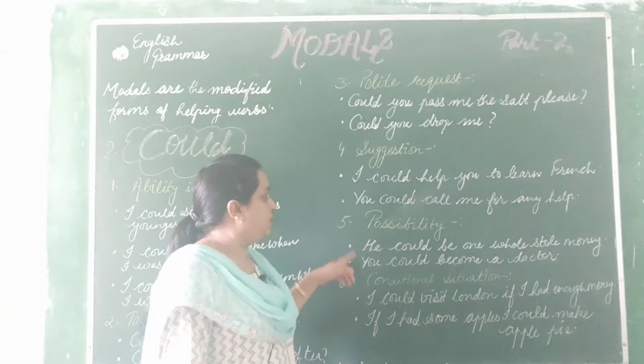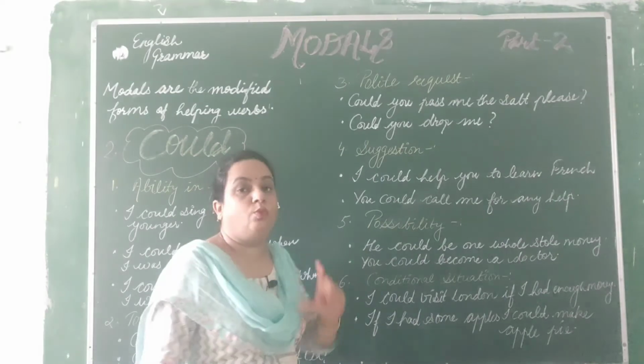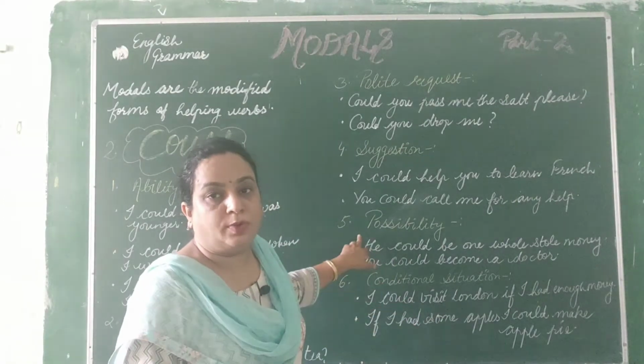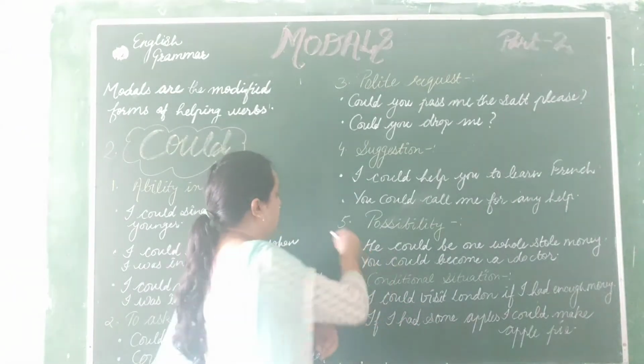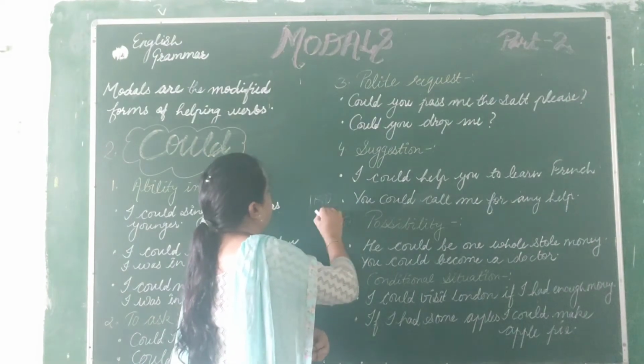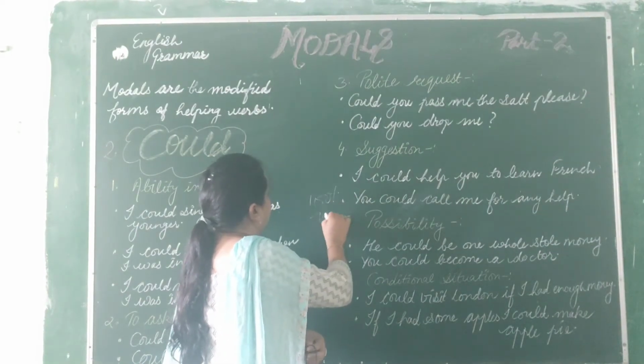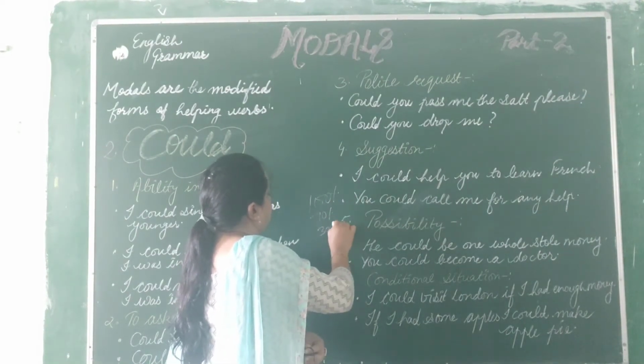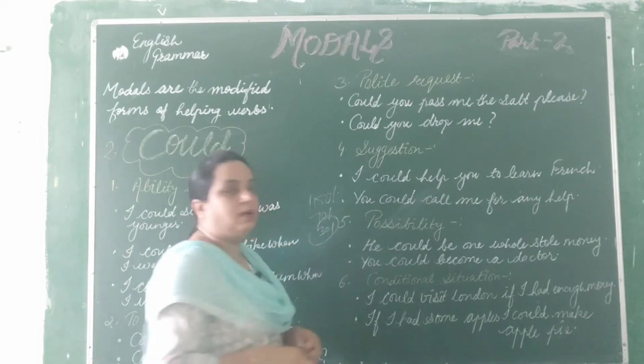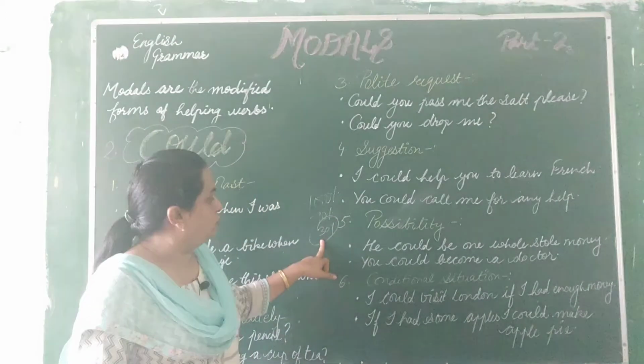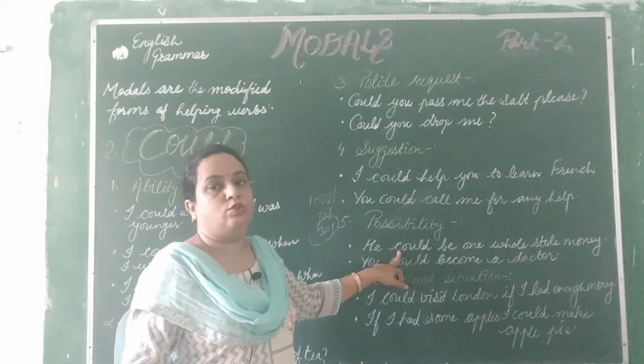Possibility. Here we will talk about weak possibility. Which possibility? Weak possibility. Like if we have a ratio of 100% divided into 70 and 30%, we will take the 30% possibility, and in that case we can use could for possibility.